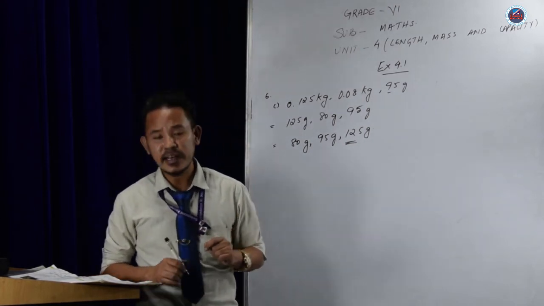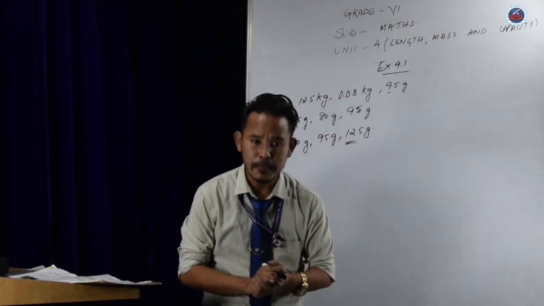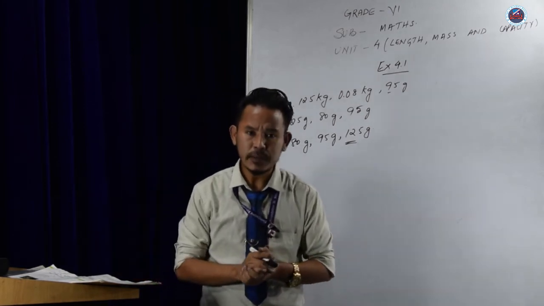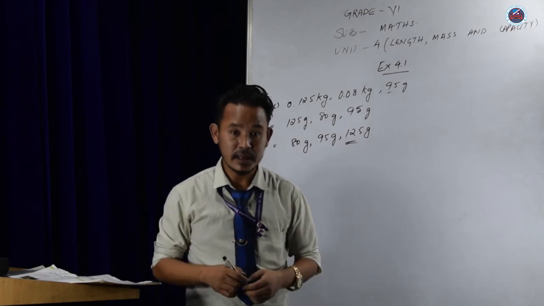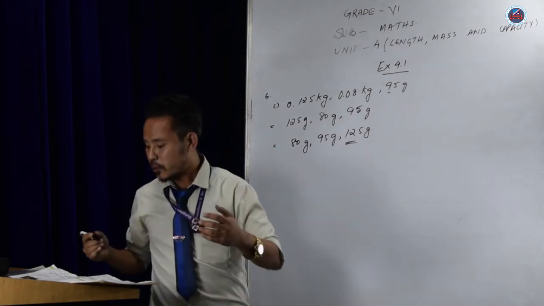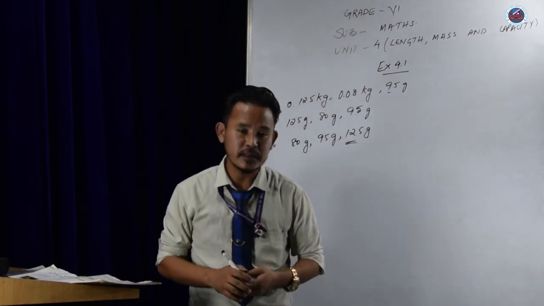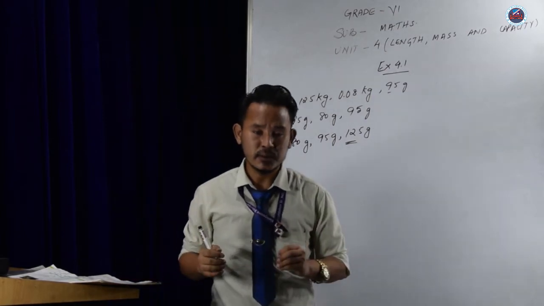Now, the mass of an adult elephant. This is question number C. As we know, an elephant is the largest mammal on land, and it's also considered the heaviest as well. So in order to weigh an elephant, it's not possible for us to use a balance. So what unit do we actually use to measure the weight of an elephant?